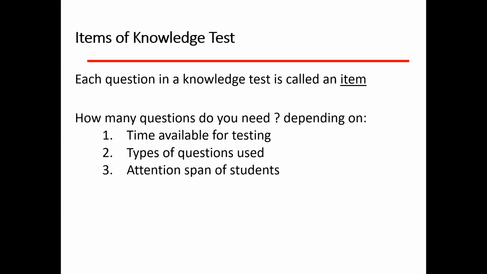Maybe you have to change the types of questions throughout the test as a way to alter attention, so that you're focusing a little bit more in one area. Maybe you use multiple choice questions, and then once you feel they would probably be losing attention, you use an essay style question. So now their attention is switched.